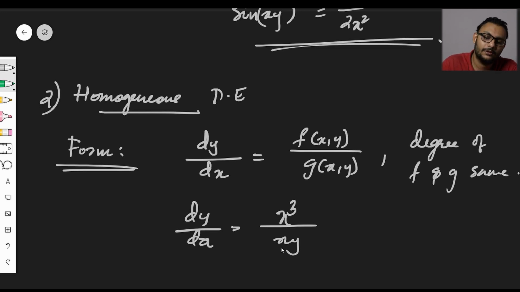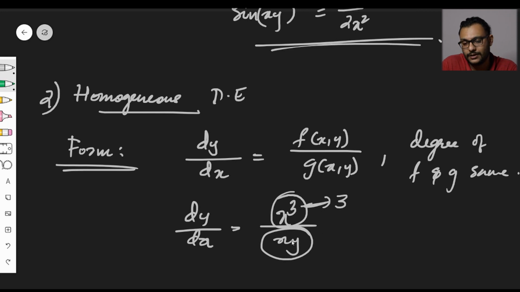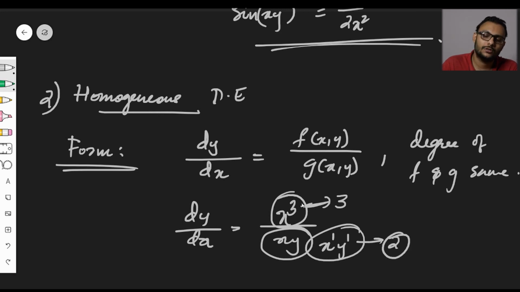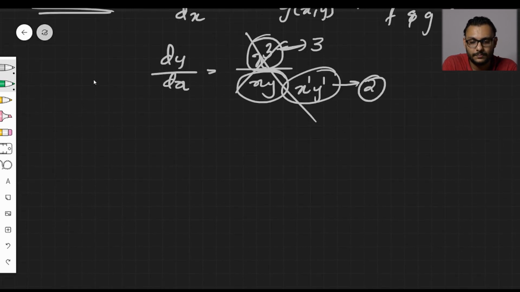No. Why? Because in the numerator the total degree is 3, but in the denominator x has degree 1 and y has degree 1, so in total it has degree 2. So this will not be a homogeneous differential equation. I think you got my point.